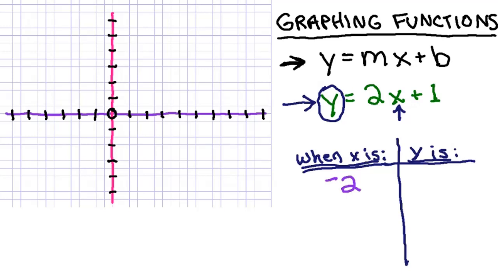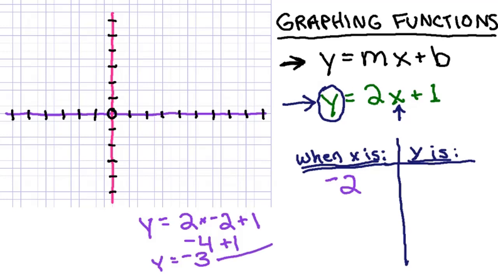So when x is -2, if you have 2x plus 1 equals y, then y equals 2 times -2 plus 1. 2 times -2 is -4, plus 1. That makes y a -3. So we're going to put this up here: when x is -2, then y is -3.